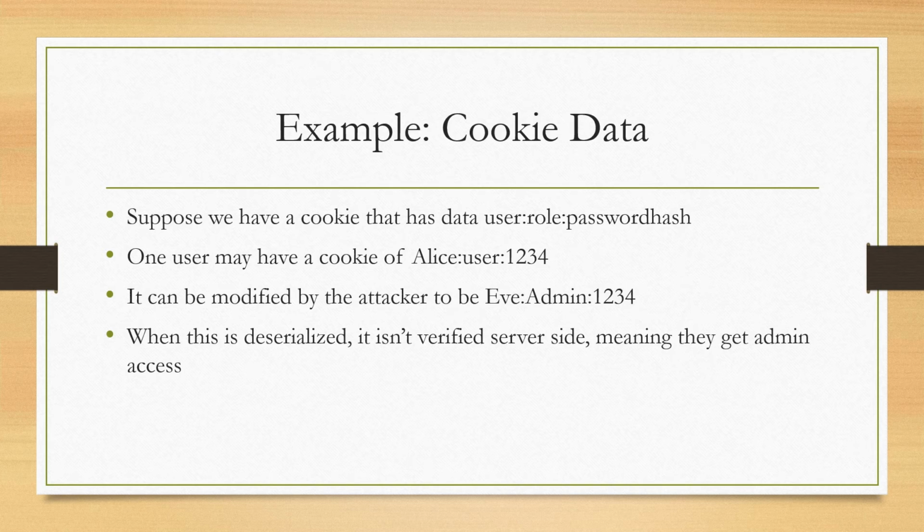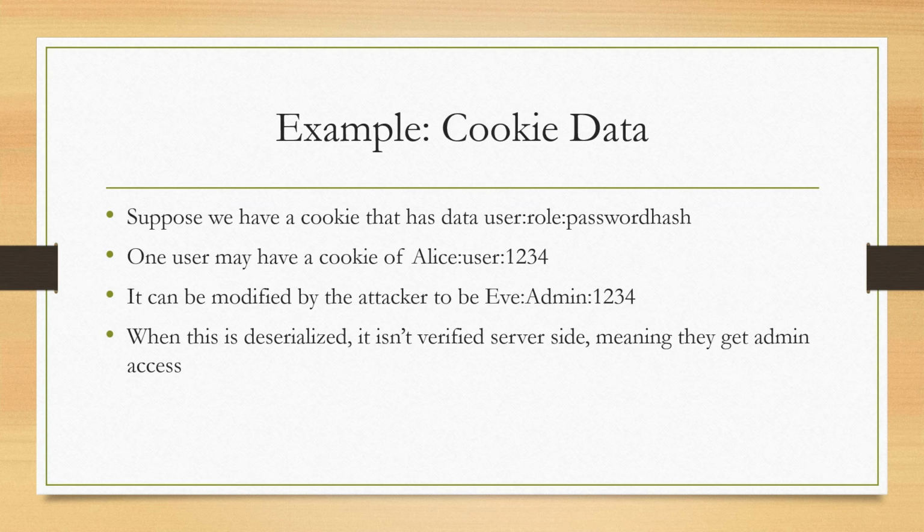When the server receives this and deserializes it, it won't be verified server-side, because the server is simply trusting the data. It will see that an admin is trying to make an action, and it will accept it because an administrator has the ability to do that action, which means they'll get admin access without actually having an admin account.